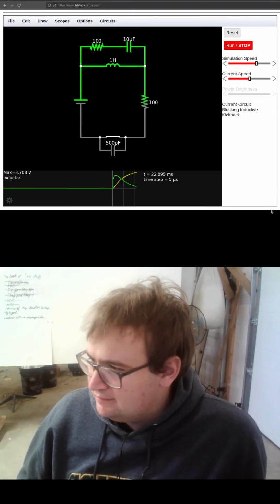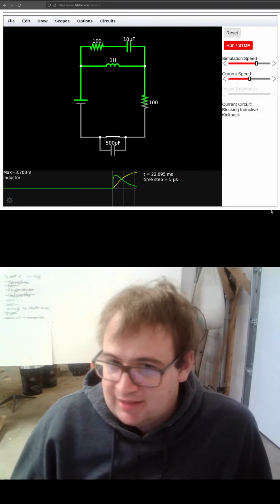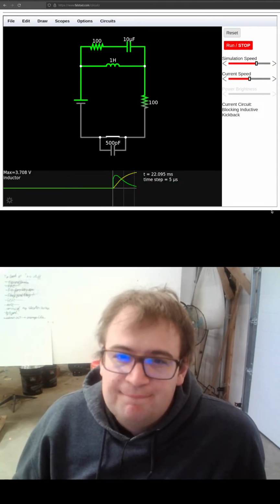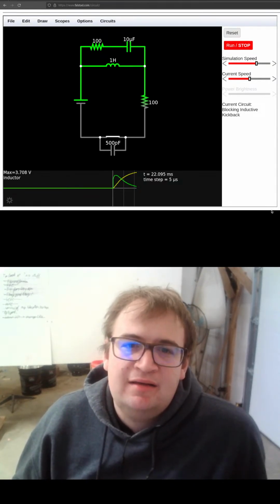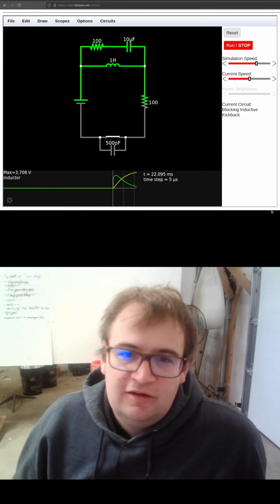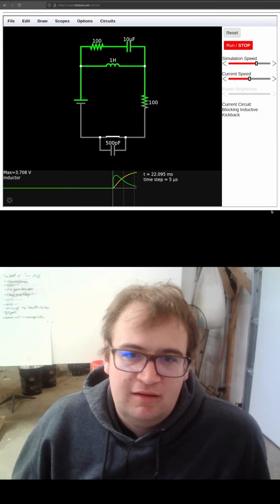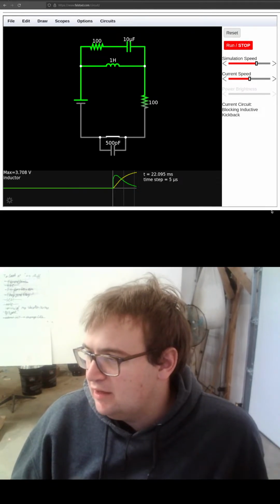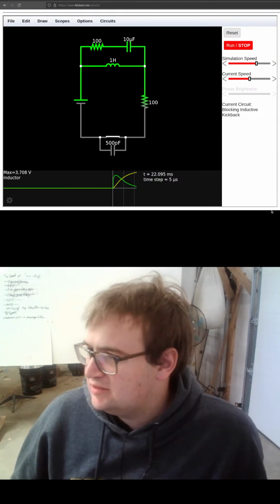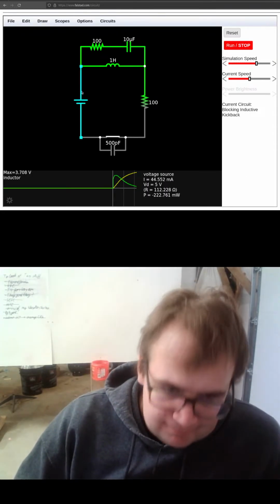So, this circuit, I think I see what they're getting at here. We won't see that kickback as much because we give the inductor a way to still sort of satisfy itself.